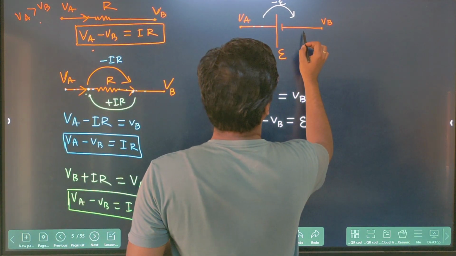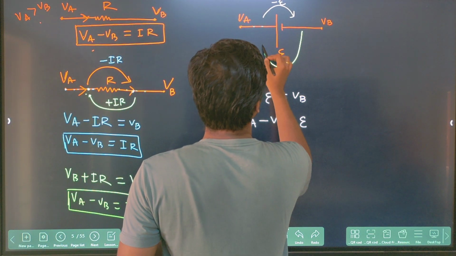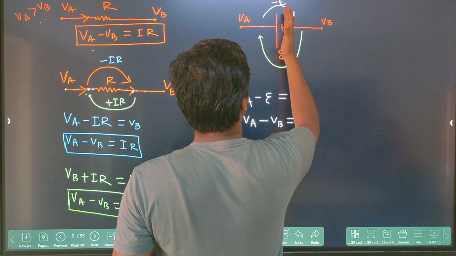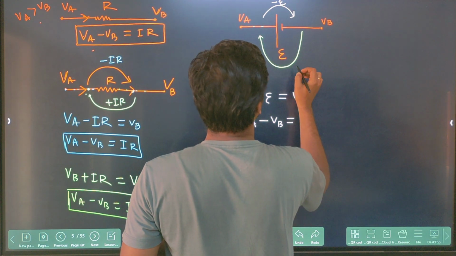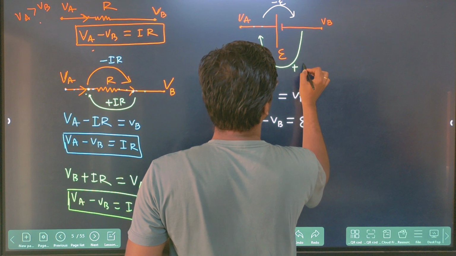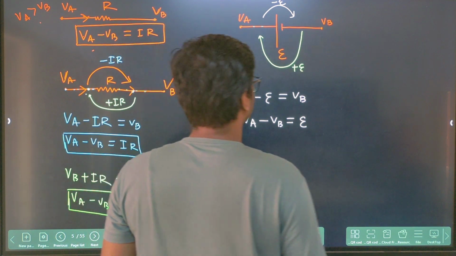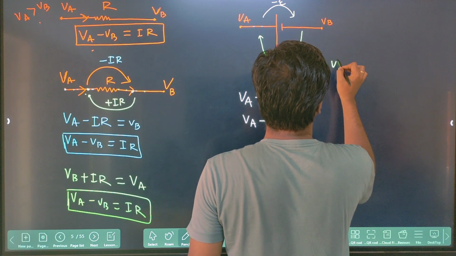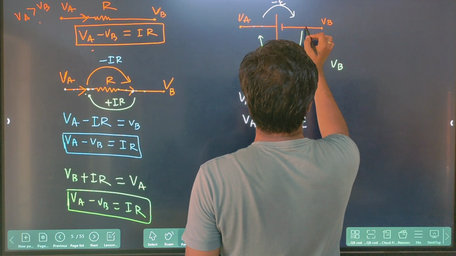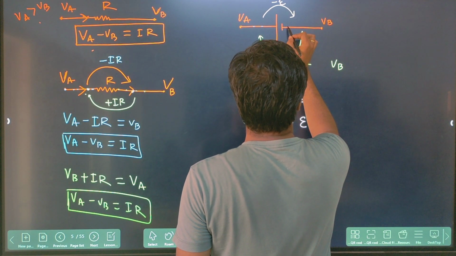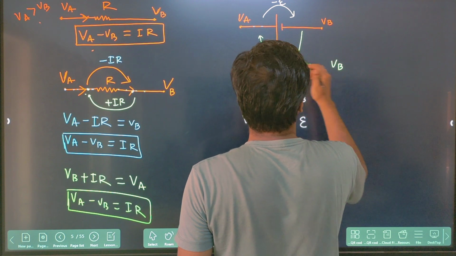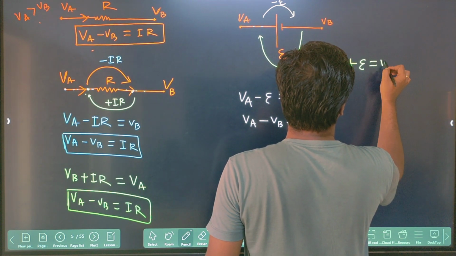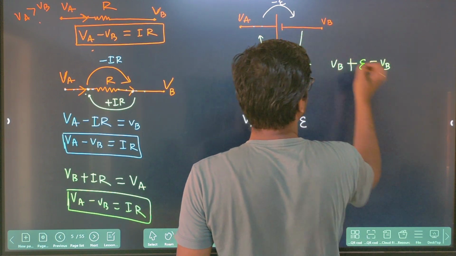Now if you are moving in this direction, whenever you are moving from negative to positive, there will be an increase in potential, that is plus E. So if I write down the equation now, here the potential is VB. You jump the cell, you gain some potential, plus E. Here the potential is VA.